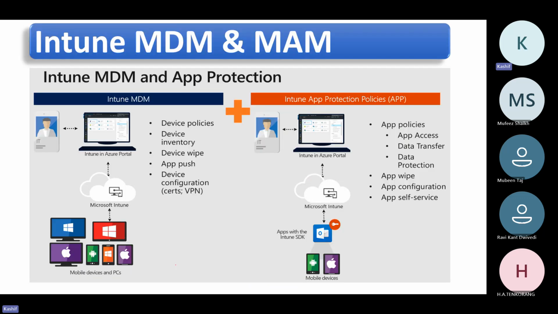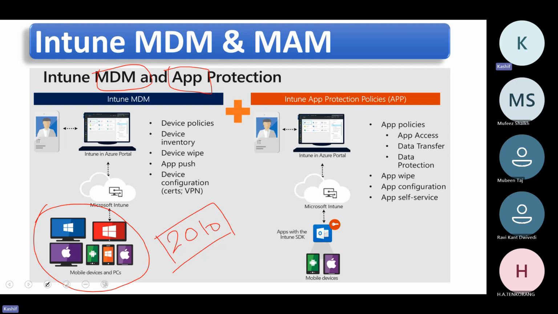Let me talk about now Intune. Intune is a Microsoft product which was released in the year 2010. So what Intune does, it does two things: mobile device management and mobile application management. So you can manage Windows devices, Apple devices, Android, MacBook, iOS, iPad, plus Linux devices.